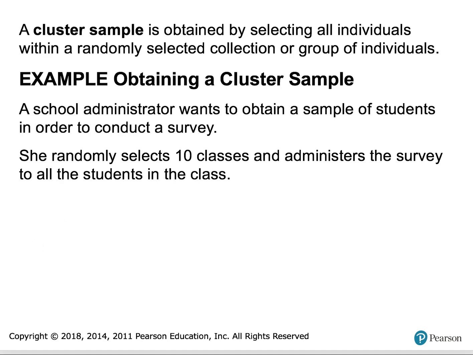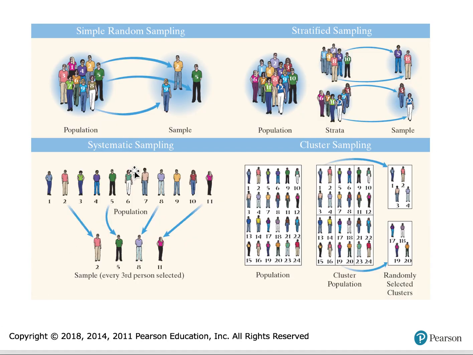Okay, so there's our 4 kinds of sampling. Let's see if we can break it down a little bit. Simple random sampling, like we talked about last time. Stratified sampling, where you break into strata. Strata means layers, right, or groups. Non-overlapping. So look, they've broken this up into men and women. And then you take a simple random sample from each stratum.